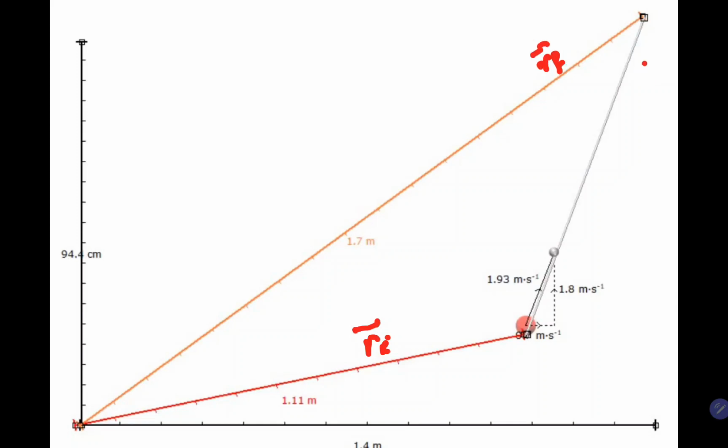The displacement is this vector, directed this way. So the displacement delta r equals r final minus r initial. It's a vector quantity.